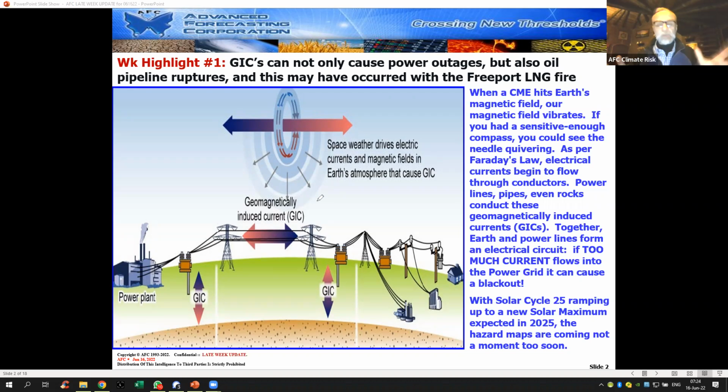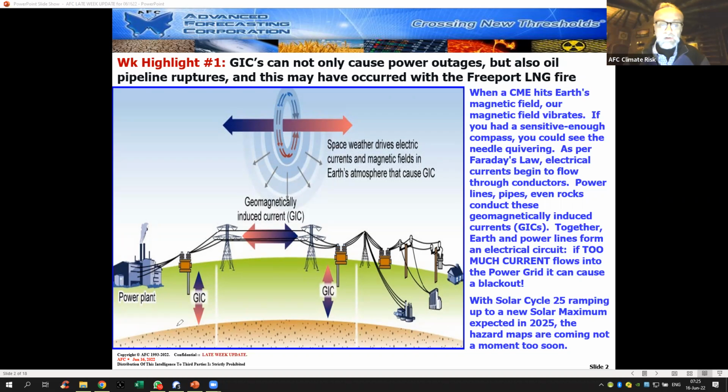So what happens is that if the big boss, the sun, and space weather, with all of the electromagnetic energy coming into our magnetosphere, is too heavy, it's too intense, and let's say we get a CME, coronal mass ejection, excuse me, or if we get a solar flare, we are going to see power outages increase. The risk of them actually increase.